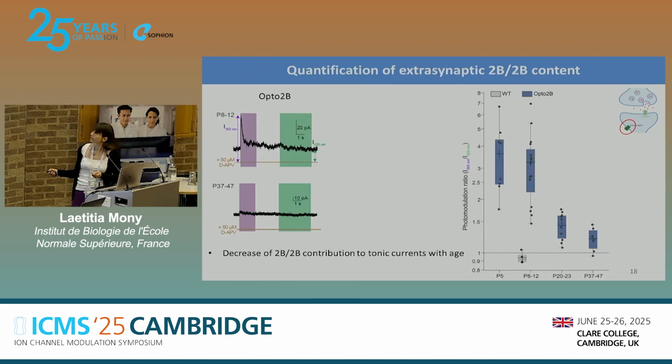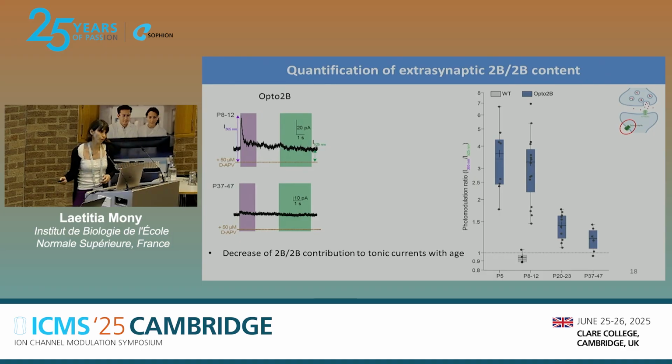And like for synaptic currents, we observe a strong decrease of the photomodulation ratio between P5 and P40. At P5, we have a fourfold photomodulation, so that was almost the ratio that we got in vitro for a pure population of 2B2B diheteromers, and it dropped to 10% photomodulation at adult stage. So it shows a decrease of the 2B2B contribution with age.